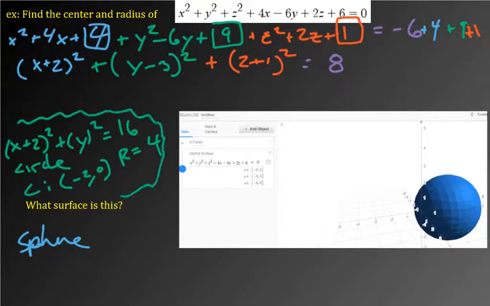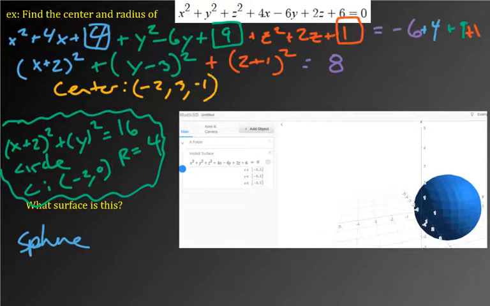So if you keep that in mind, the center is always just the opposite of the numbers in here. So it's negative 2, 3, negative 1. And then the radius is the square root of this number. So we can literally just write the square root of 8.